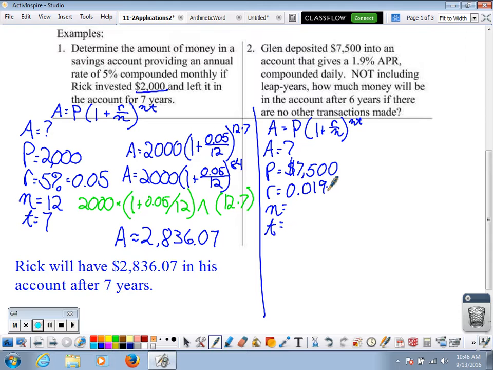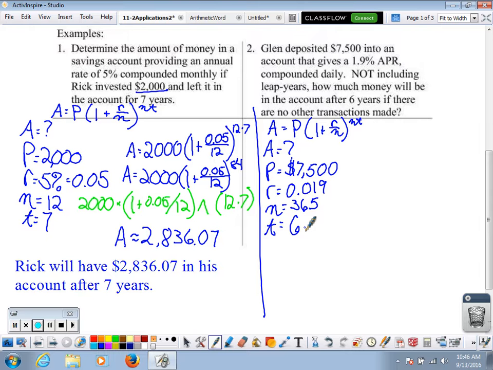Cycles per year. Okay, and how many compounding cycles per year do we have here? 365. Okay, it's compounded daily, 365 days in a year, except for leap years. Okay, and T, that's how long it's been in there. And it has to be in years, 6 years.